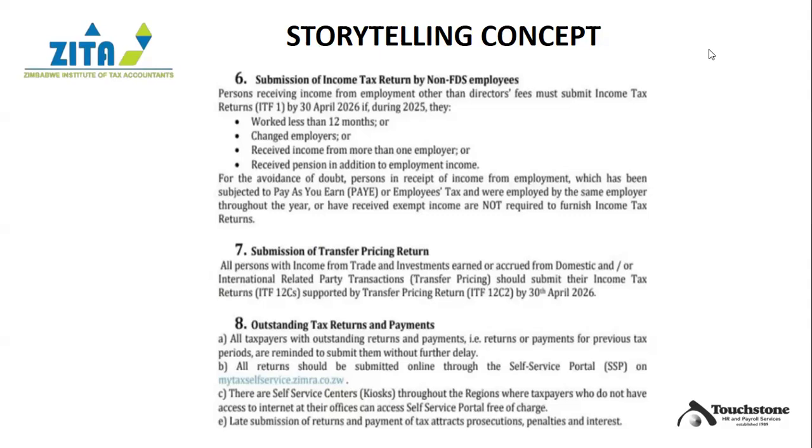Some companies decided to inquire and they were told they could download the hard copy of the ITF-1 and give that to non-FDS employees so that they could fill it out. So they did that. And we also realized that the commissioner then extended the deadline from the 30th of April right up to the 30th of May. So we are still within the period.